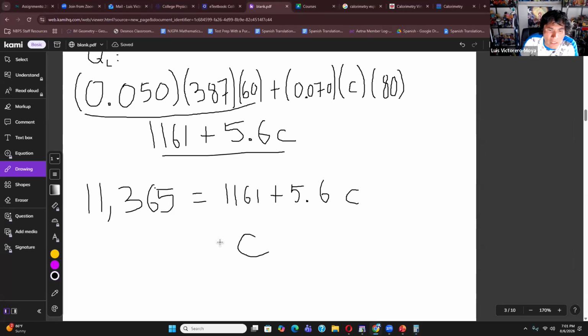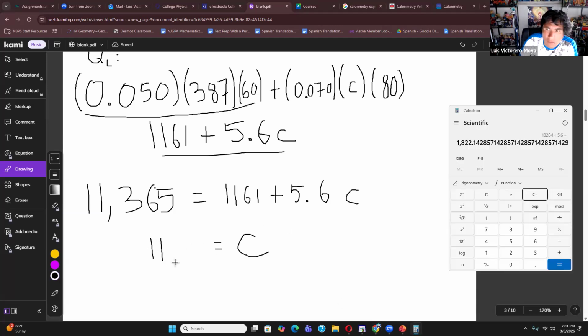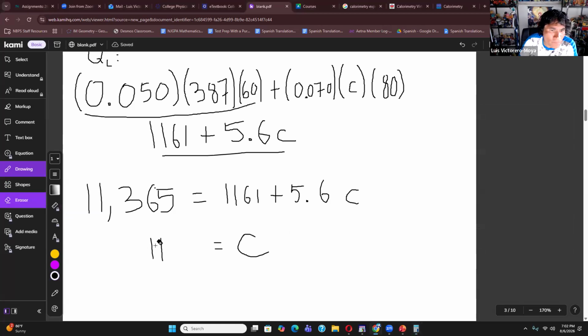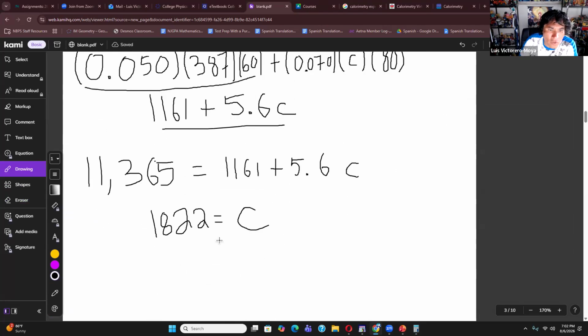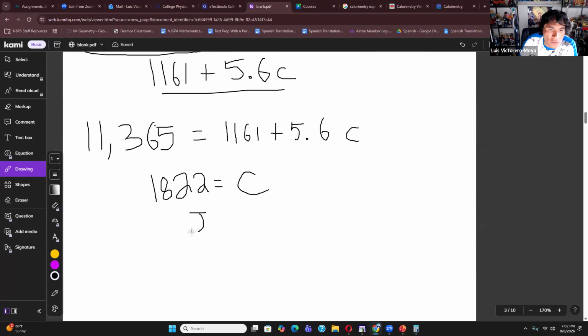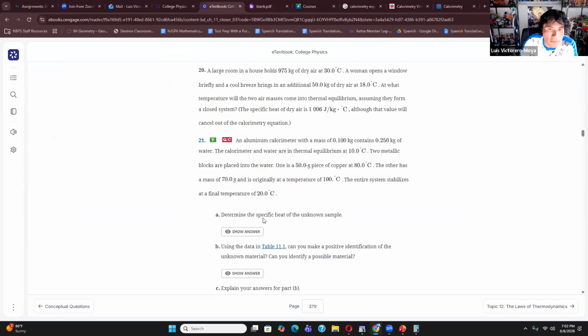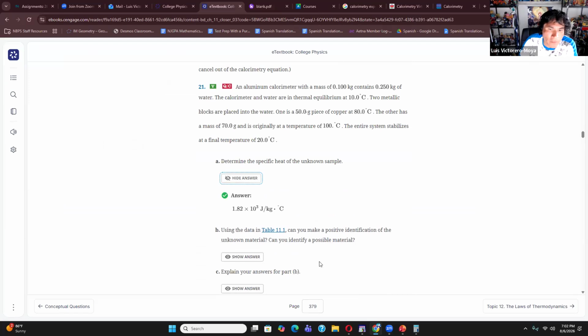So the unknown element is 1,822. Units, because everything is in joules. Joules per kilogram Celsius, I use kilograms. So we'll check that. Yeah, exactly.